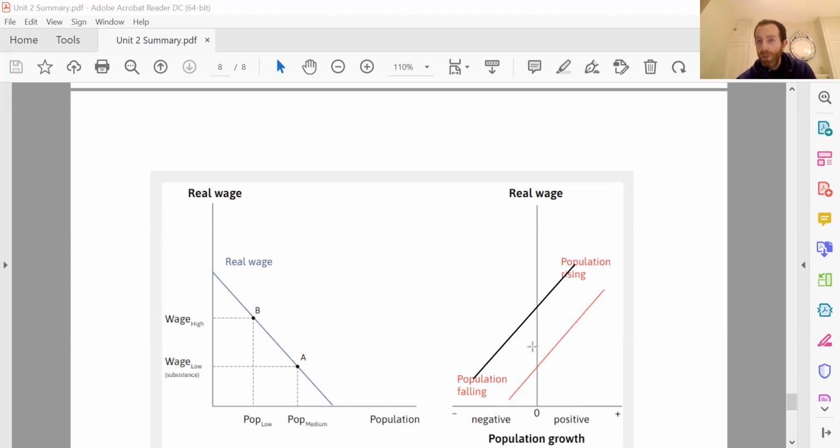Something that slows the birth rate, for example. And if we go through the analysis here, we'll see that our new equilibrium is going to have to be determined. Our new subsistence wage level is going to have to be where our new population growth curve has zero population growth, right? It's going to have to be at this wage level.